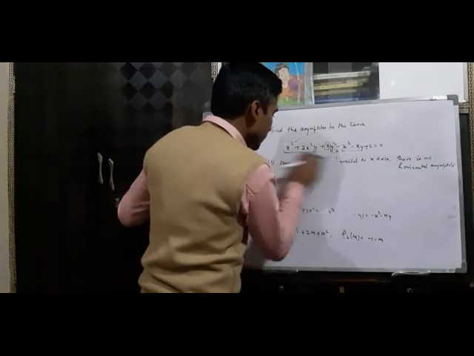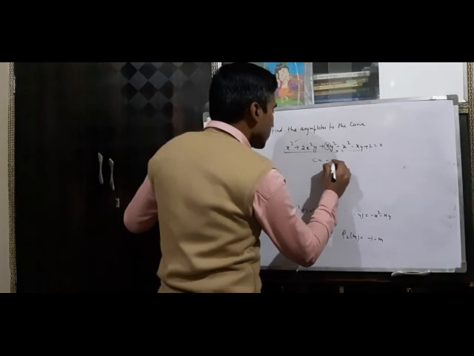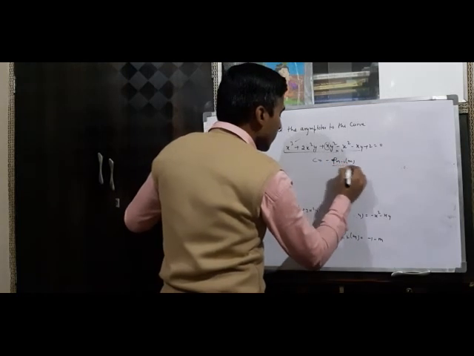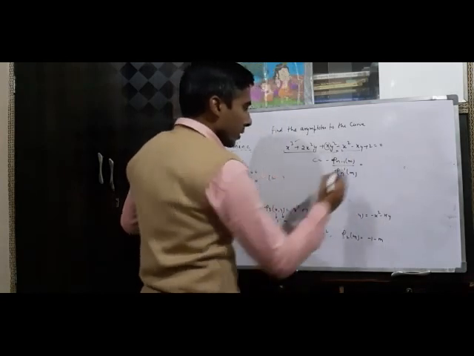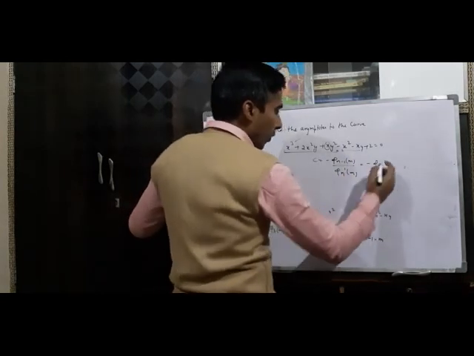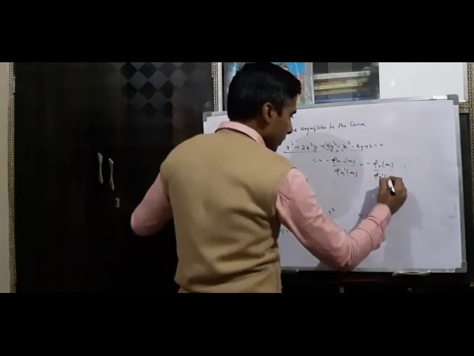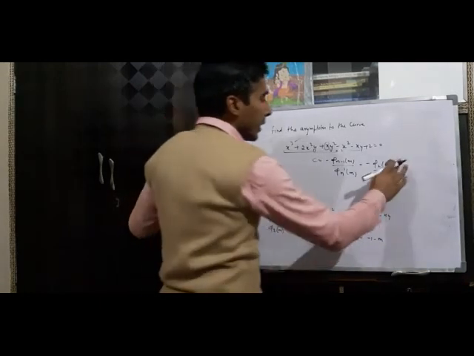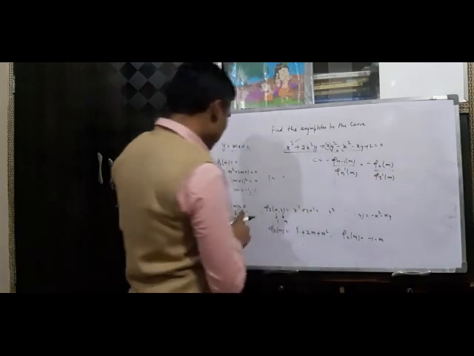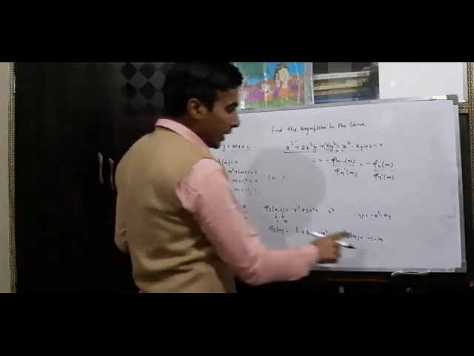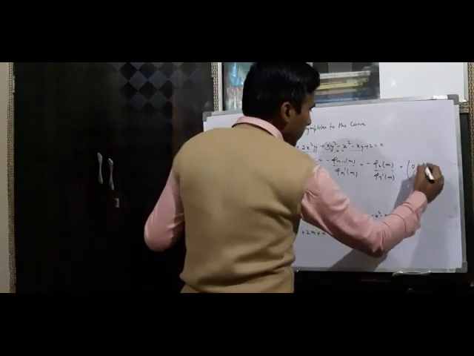The value of c cannot be determined by the formula minus phi n minus 1 of m over phi n prime of m, because here this is minus phi 2 of m and this is phi 3 prime of m. Here you see phi 3 prime of m is 0, and if we put m equal to minus 1, we get a 0 by 0 form.